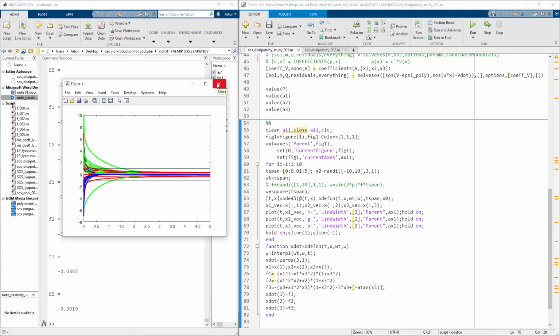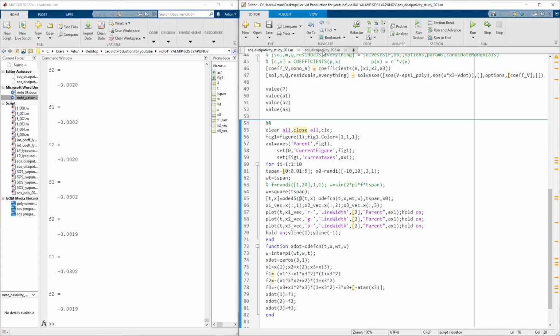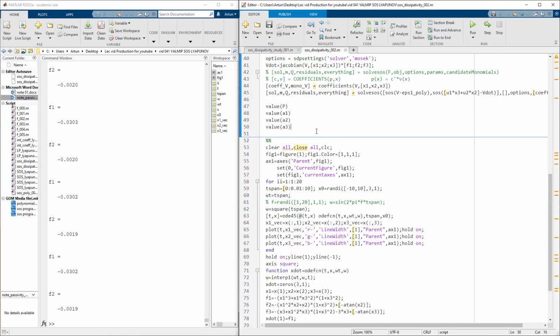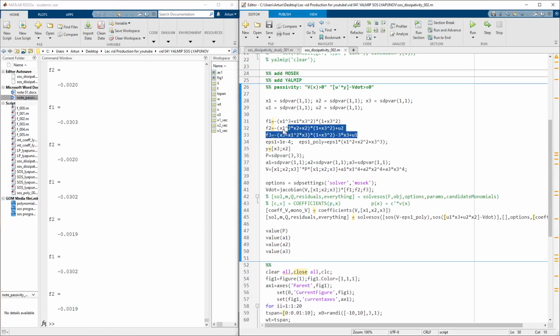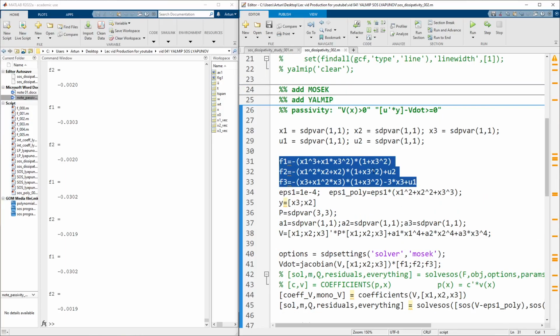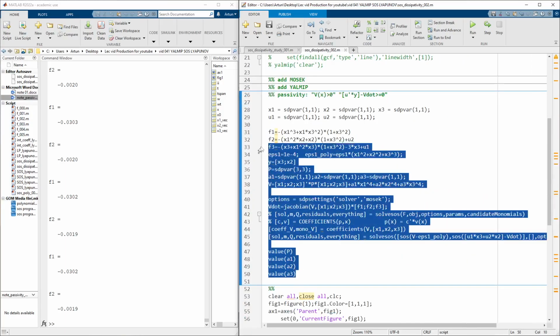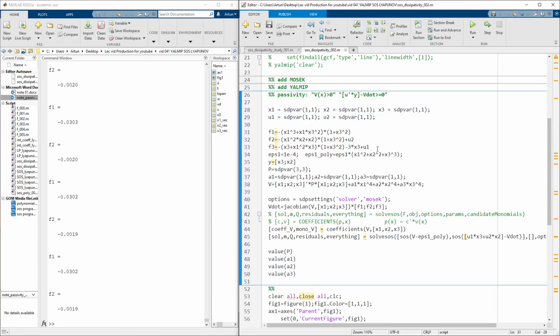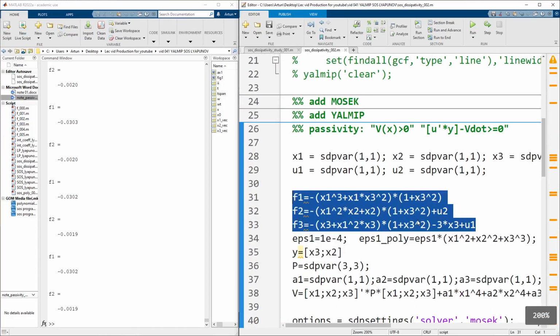Okay, let's check the second example. And we have this. Let me show you. First of all, the code is completely the same, except for this part. This is a 2 input, 2 output nonlinear dynamical system. Let me show you again.